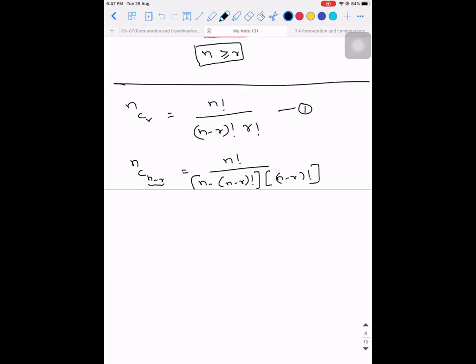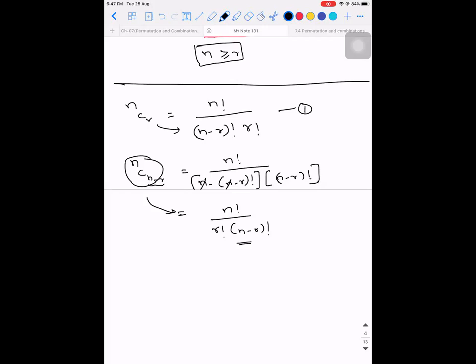Means I'm treating n minus r as some r. So n factorial divided by n minus n, this and this will get cancelled, minus of minus plus r factorial into (n minus r) factorial. Are you clear with this? So NCR is generating the same result as NC(n minus r).